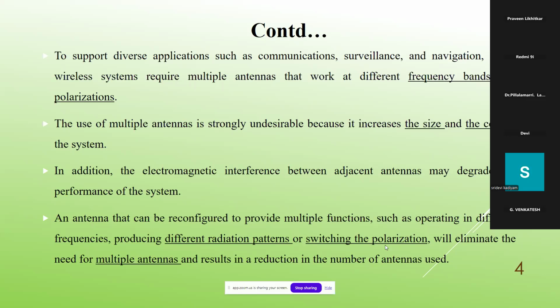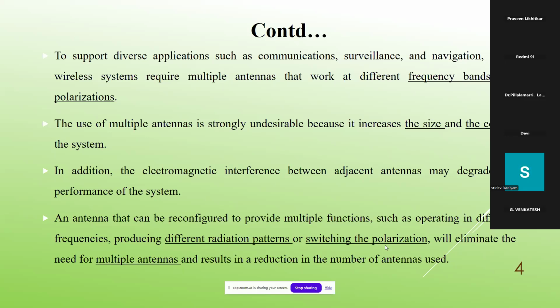We'll discuss step by step. Multiple antennas are strongly undesirable because they increase size and cost. These are the demerits of multiple antennas. In addition, electromagnetic interference between adjacent antennas may degrade system performance. This is another demerit of going for multiple antennas.